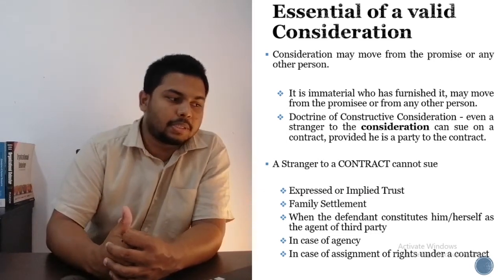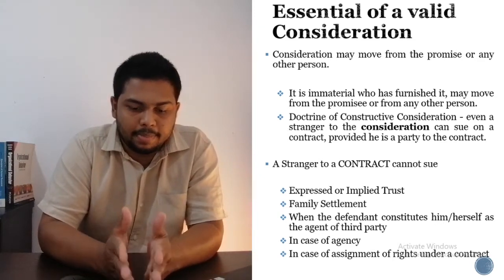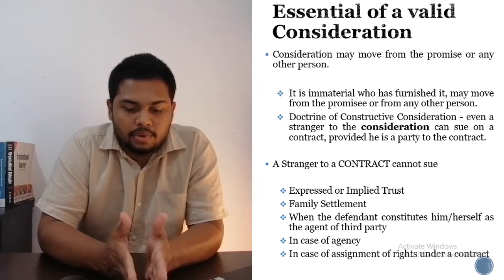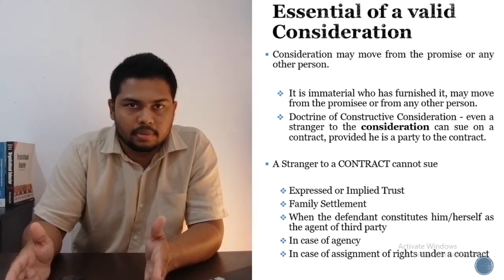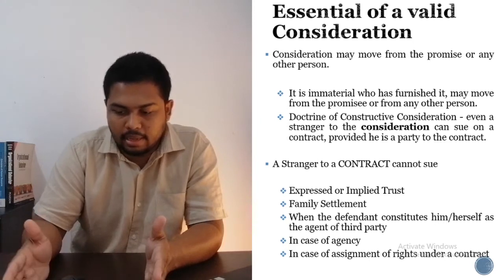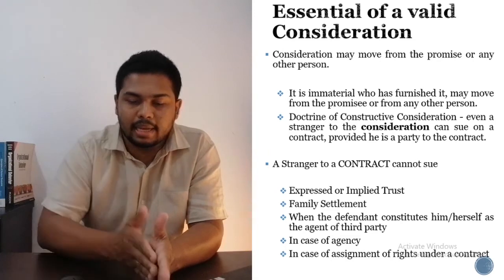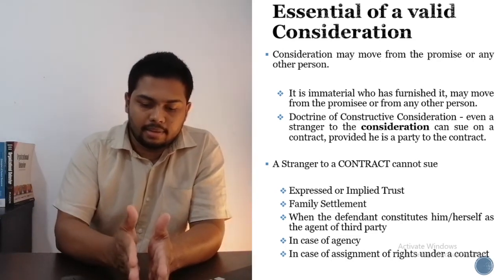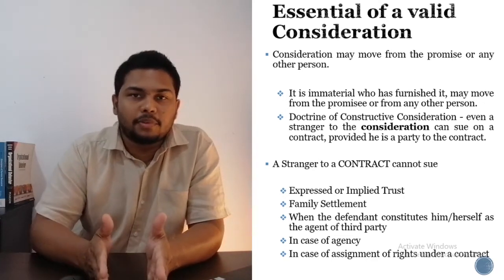The first one is express or implied trust. As an example, let's say there are three people, A, B and C. A has a commodity, and A is transferring these commodities to C based on trust, where C doesn't have any title to the goods, but just because of A's trust, A has transferred the goods to C. In that case, let's say B is an interested party in this contract.